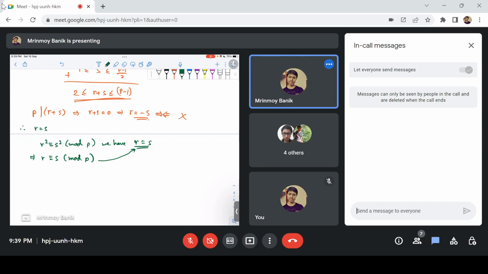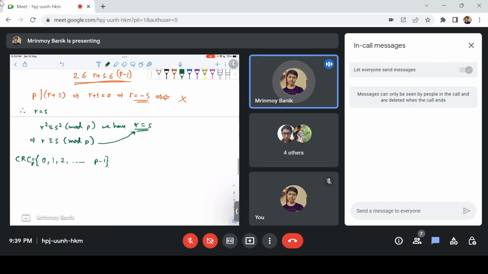Okay, so what is the complete residue class modulo p? What is the set of all possible remainders when anything is divided by p? It's 1, 2, 3 up to p minus 1, right? And out of them, these r and s, or whatever they are congruent to, suppose congruent to some a. r square is congruent to a square is congruent to a.